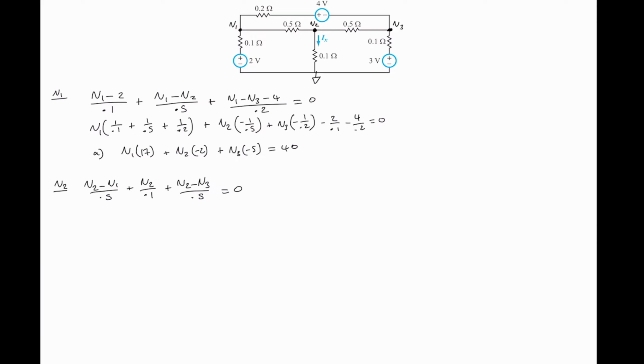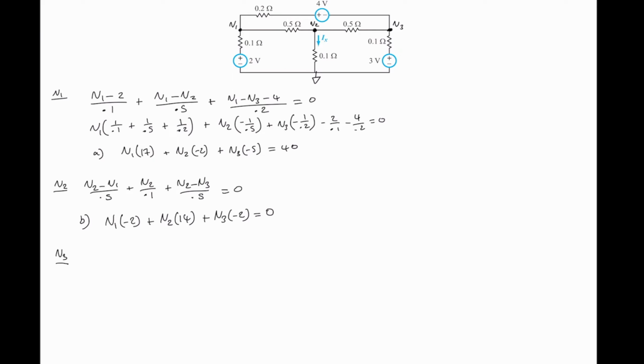I'll skip the factoring step and go straight to the simplification. We'll call that equation B: V1 with a negative 2, V2 with a constant of 14, plus V3 with a negative 2, all equal to 0.